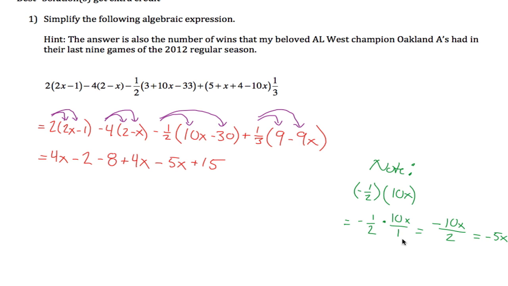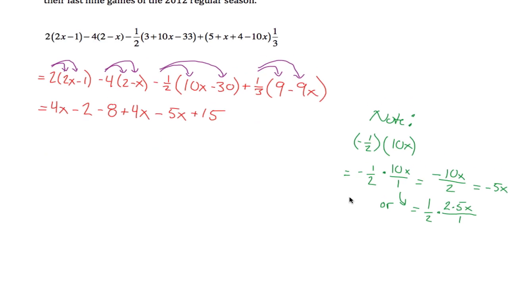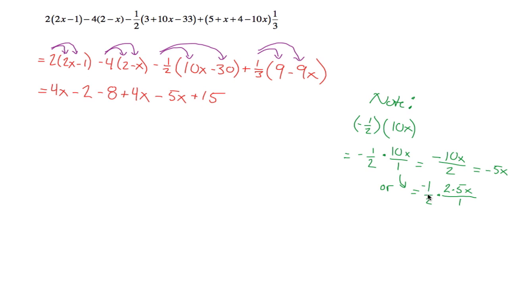Another option would have been to cancel out. We could say 10x is 2 times 5x. And so what we can do is cancel out this 2 right here and this 2 right here.